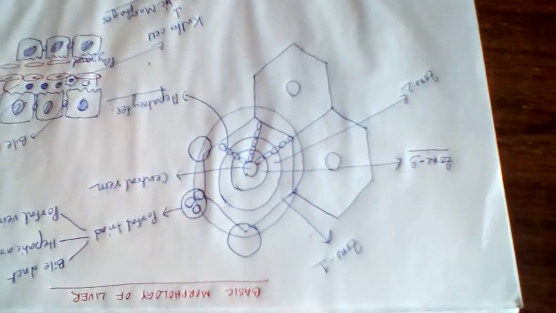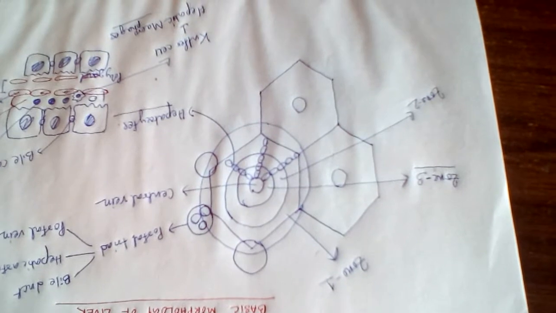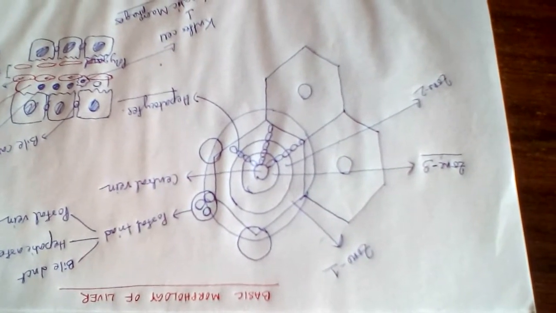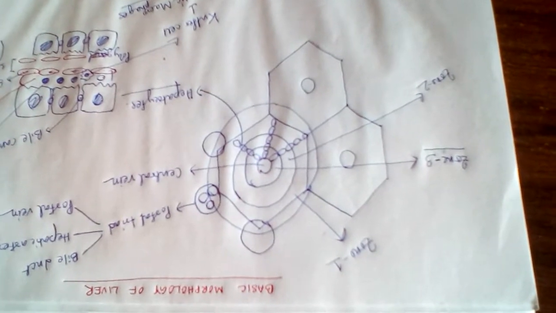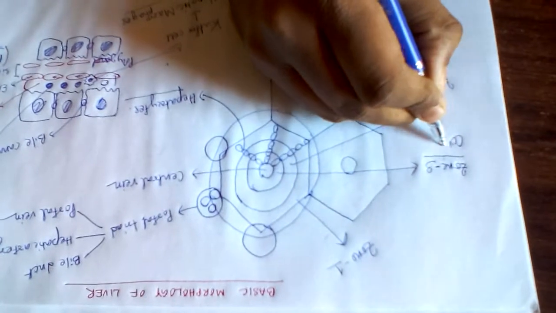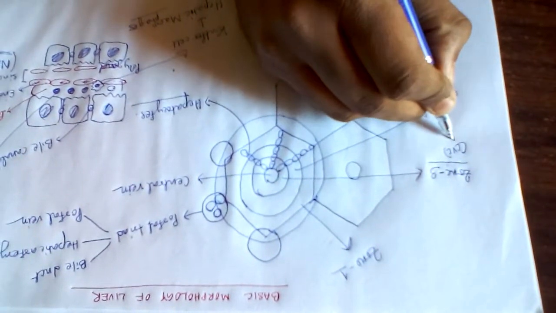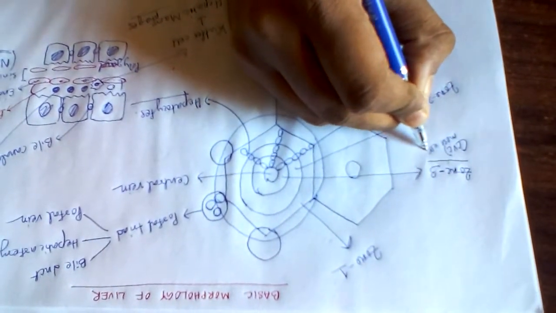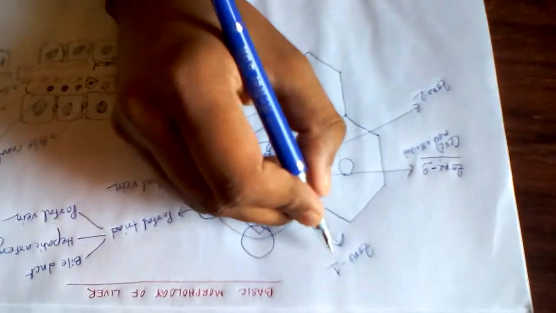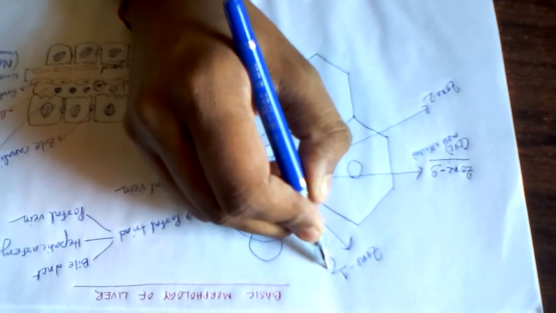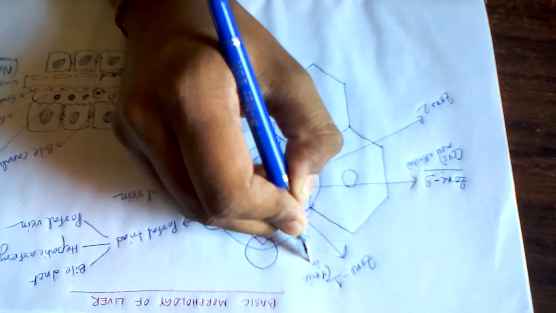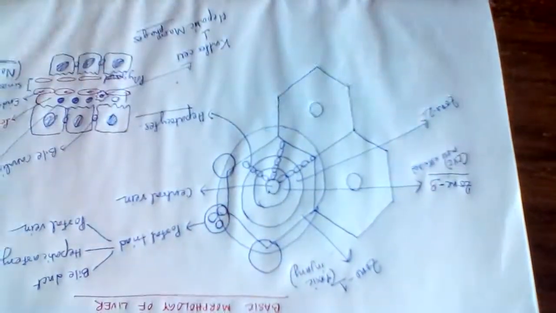Now there is a certain importance of these zones. Since zone 3 receives the least blood supply, in case of any kind of congestion like chronic venous congestion, zone 3 is going to be the most affected. And zone 1 receives the arterial blood supply from the hepatic artery, so the toxins we receive in case of any kind of poisoning are going to enter through zone 1.